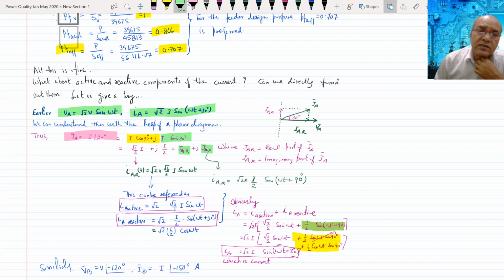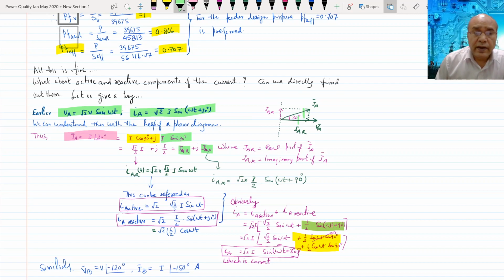Therefore, we can write the IA, the real part, will be in phase with the respective voltage. For example, if I resolve this component along this, then it will be in phase with voltage.